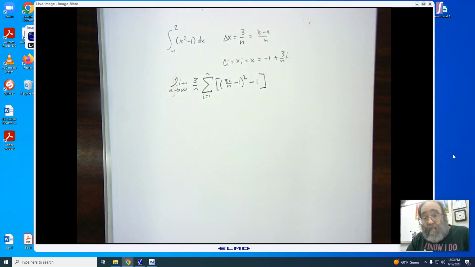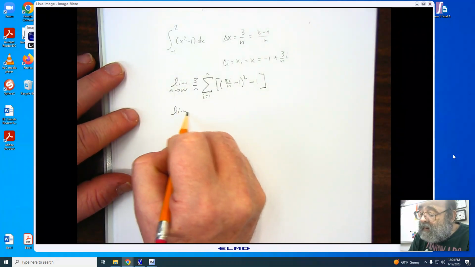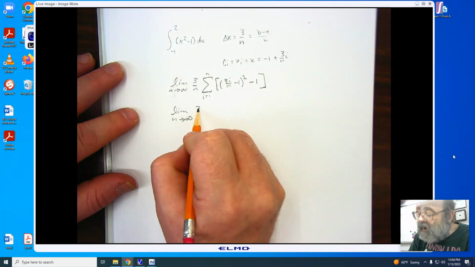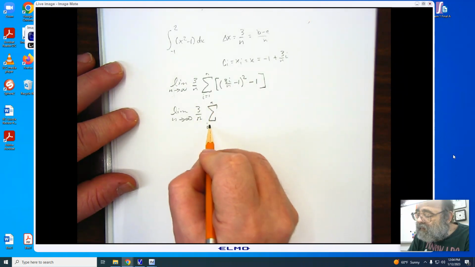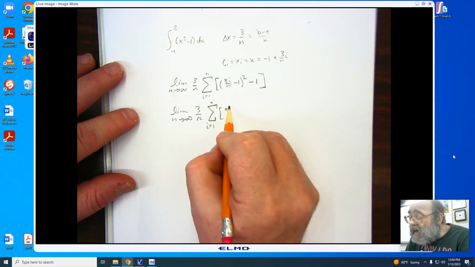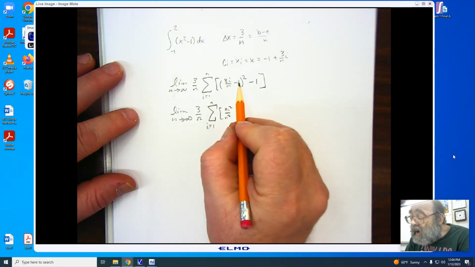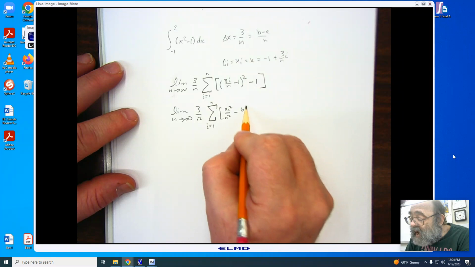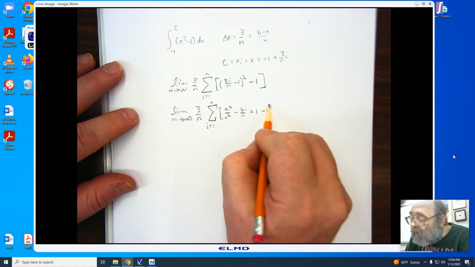Now, you'll notice how I wrote it in standard form. This is so that I can work with my binomial expansion, a squared minus 2ab plus b squared. So I have the limit as n approaches infinity for 3 over n. And now I'm going to just FOIL this out. 9i squared over n squared. 2 times 3 times negative 1 is negative 6i over n, and negative 1 squared is a positive 1, minus 1.